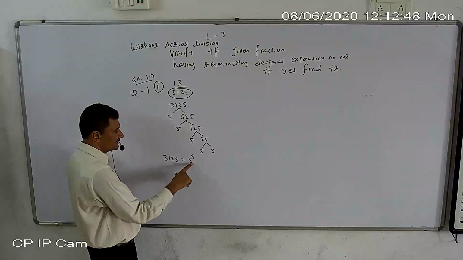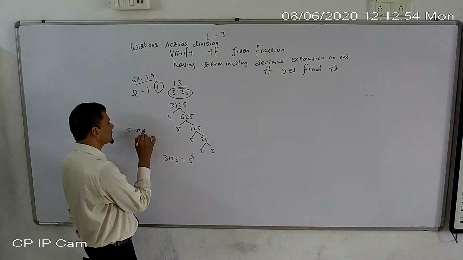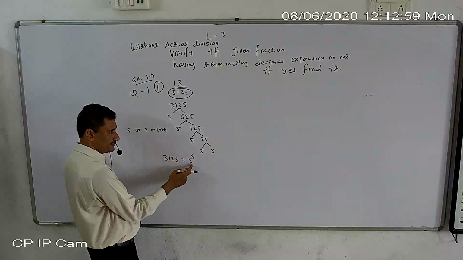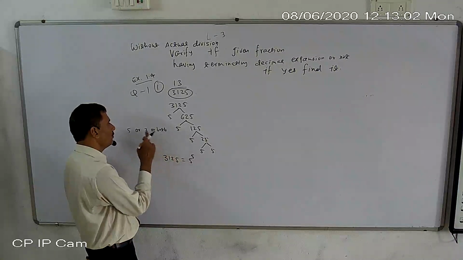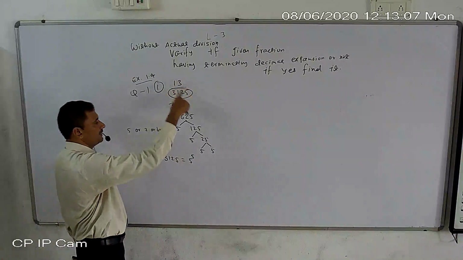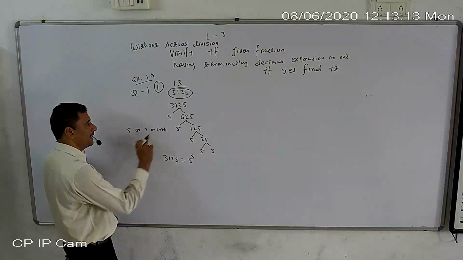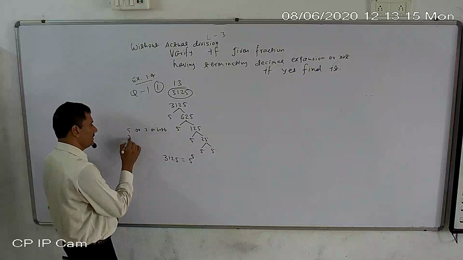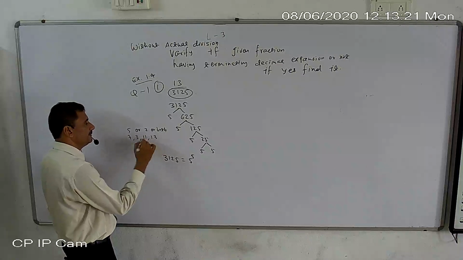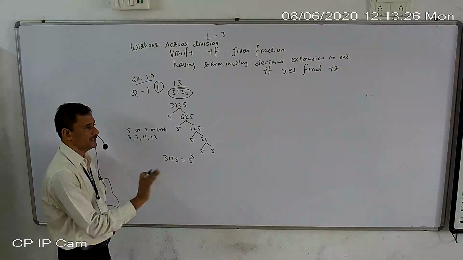Here you can see, the base is 5 only. If either 5, or 2, or both 5 and 2 are there, then in all three cases the fraction has a terminating decimal expansion. But apart from these two numbers, if any other prime number is there, suppose 7, 3, 11, then it has a non-terminating decimal expansion.